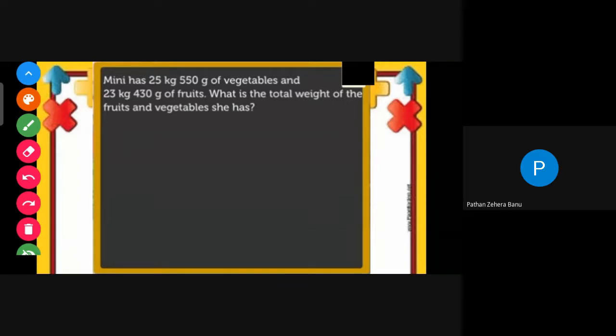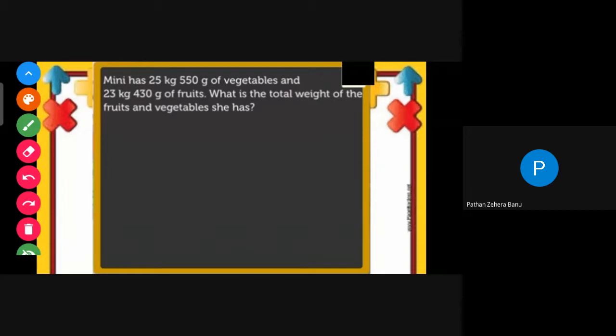What is the total weight of the fruits and vegetables she has? So you can see the name of that girl who was selling vegetables and fruits. Her name is Minnie. So Minnie has 25 kg and 550 gram of vegetables and 23 kg and 430 gram of fruit.